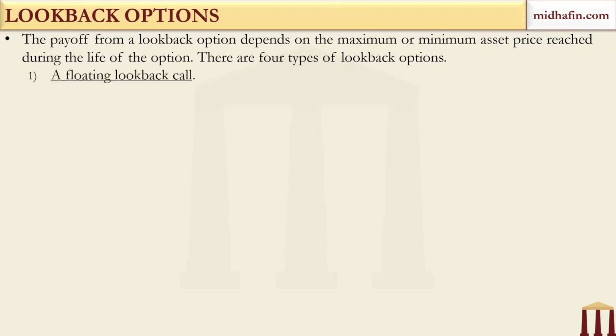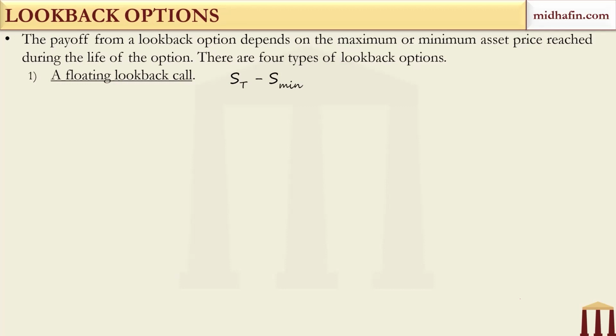And there are 4 types. First is the floating lookback call. In case of floating lookback, your asset price is taken at maturity, but your strike price is taken from the historical prices. So the broker will look into the history over the last 3 months, and then identify the lowest price of that asset over this period.